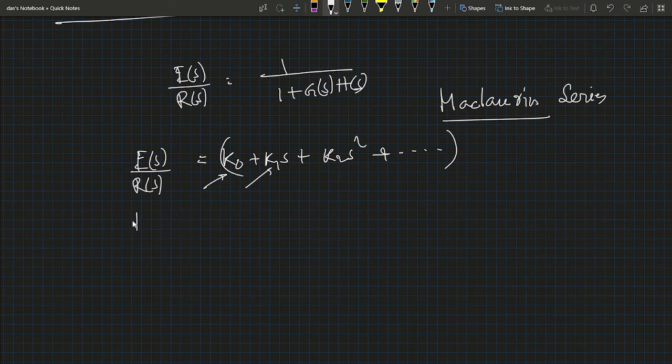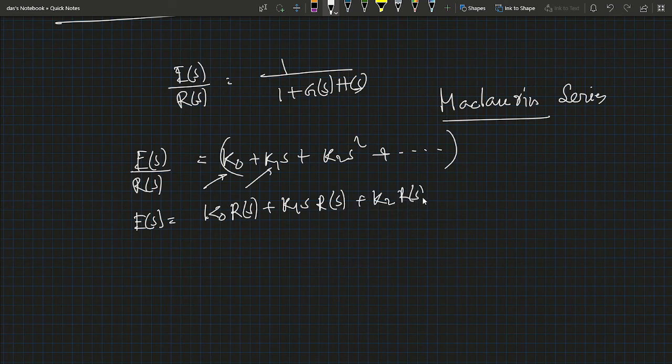From this expression we know that E(s) equals k0 R(s) plus k1 s R(s) plus k2 s squared R(s), and so on. So this is our mathematical equation.